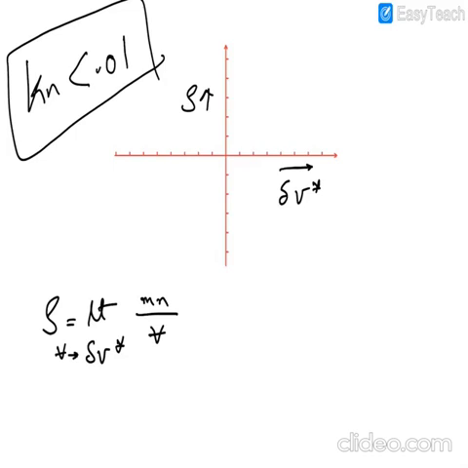Now we understood that del V star cannot be 0, because if you make it very small, tending to 0, the molecule will escape, and that will bring about an uncertainty error as far as the occupancy of the molecule is concerned.